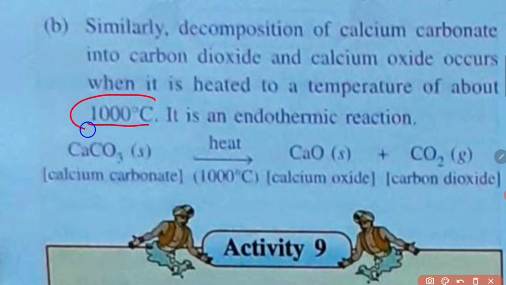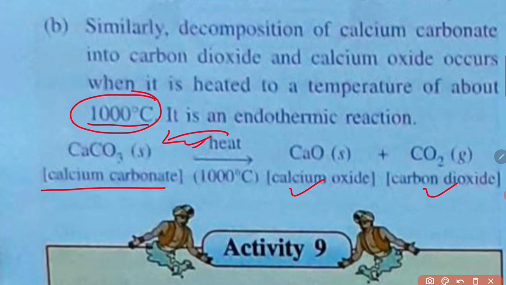So here you can see calcium carbonate when heated, this heat is being absorbed by the calcium carbonate, and thus calcium oxide and carbon dioxide are formed. So this is also an example of an endothermic reaction.